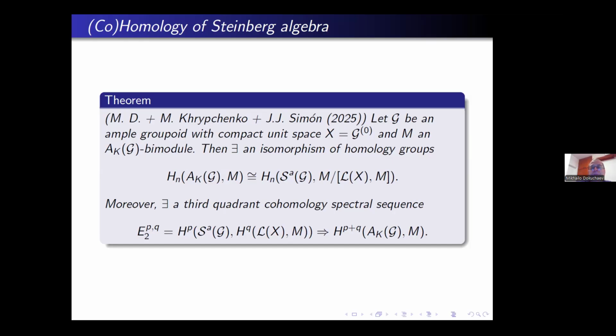I want to ask something. Can I take a semigroup that is smaller than the whole semigroup of bisections, like one that is a basis for the topology of G?